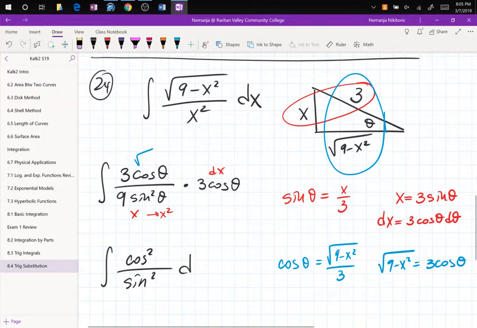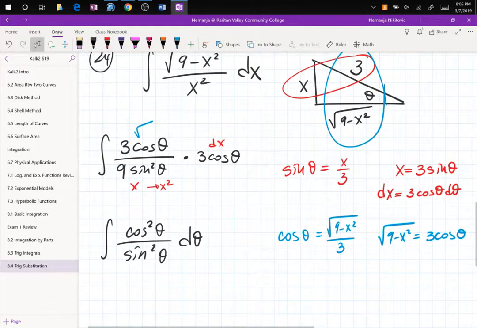Theta's everywhere. Now what? Is that tangent squared? No, the other one: cotangent squared theta d theta.